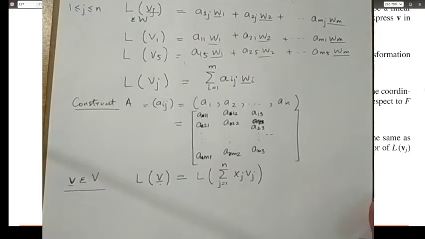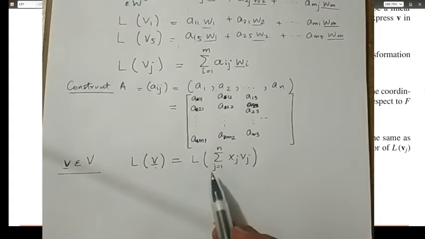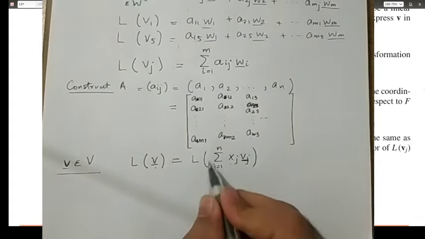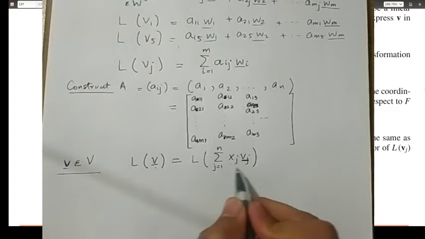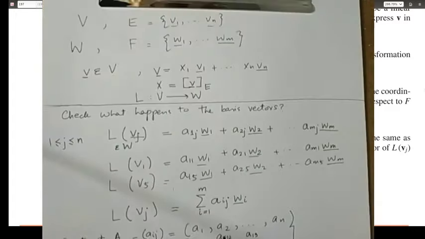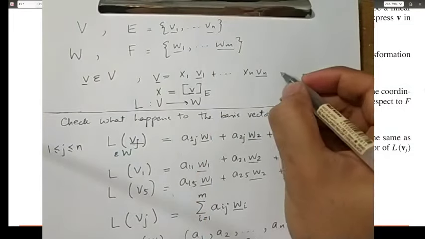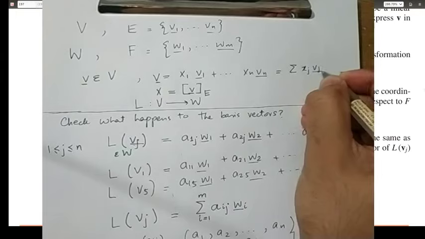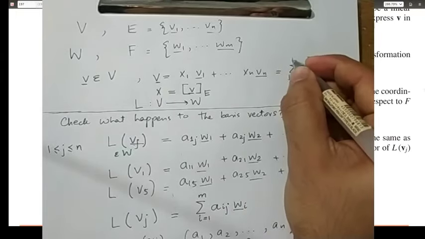All right. So this is the linear transformation. These are vectors, these are scalars, and this is just a sum. So this is nothing but a linear combination, summation xj Vj, j goes from 1 to n.